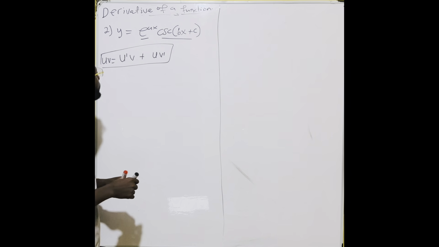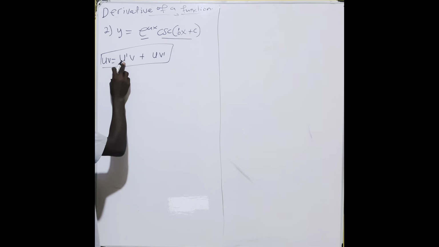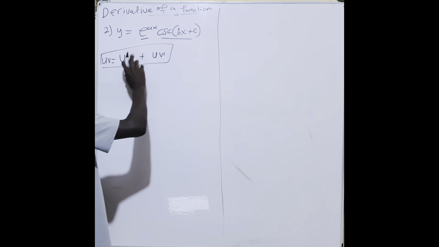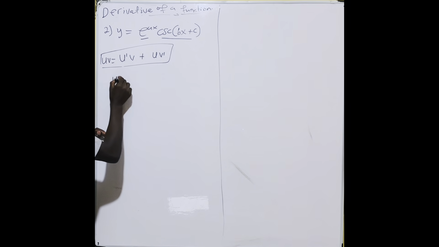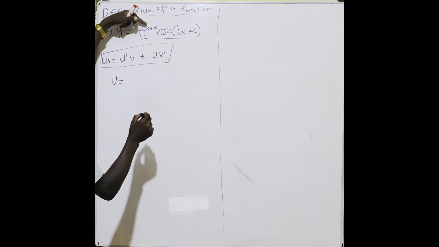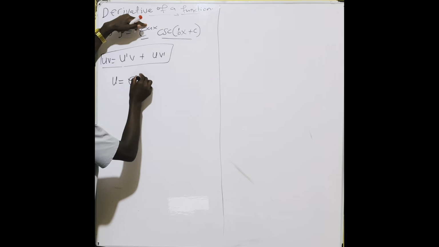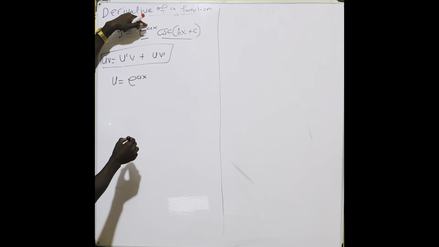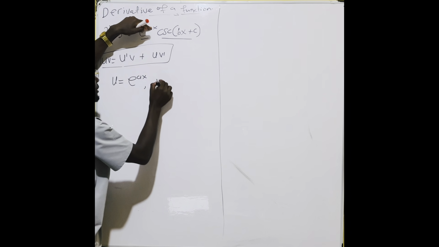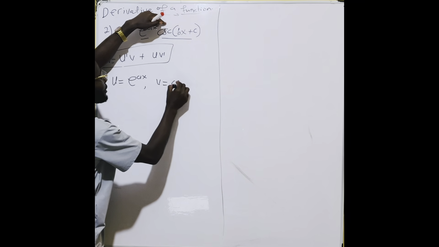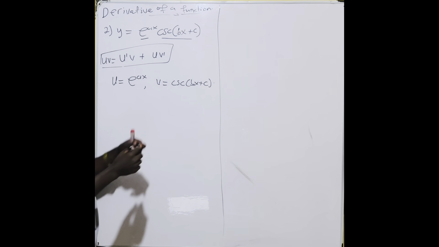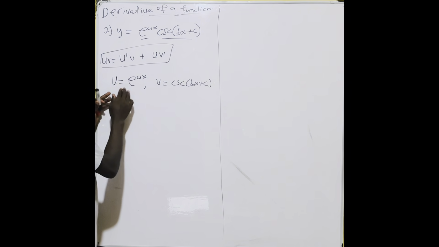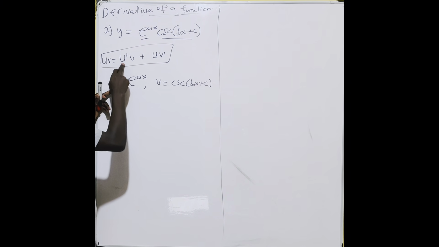Okay, so once you know this rule, then the rest is what? Differentiation. Okay, so we have to identify our u and identify our v. So our u here is our first function, right? Which is e to the power ax, and our v is cosec(bx plus c), right? So we have to also find our u prime.